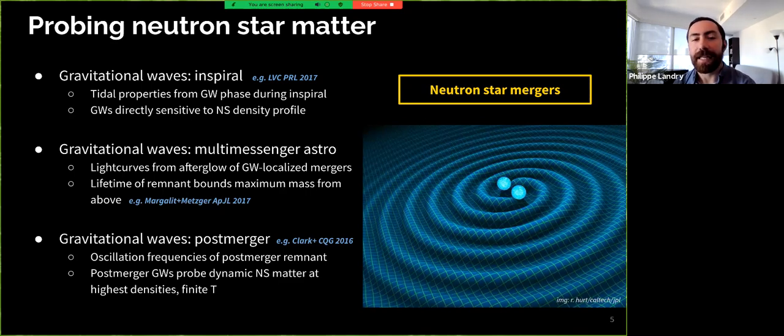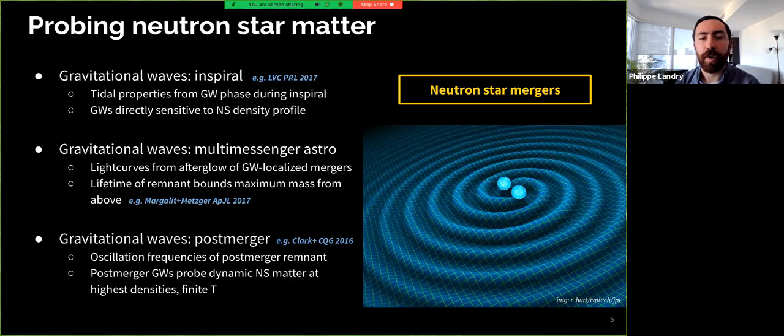And that tells us, in turn, about the density profile in the neutron star. So unlike the electromagnetic emission from neutron stars, which comes basically from the surface or the magnetosphere of the pulsars, the gravitational waves are directly sensitive to the mass distribution inside the stars and carry information about the density profile, and hence directly get at the structure.